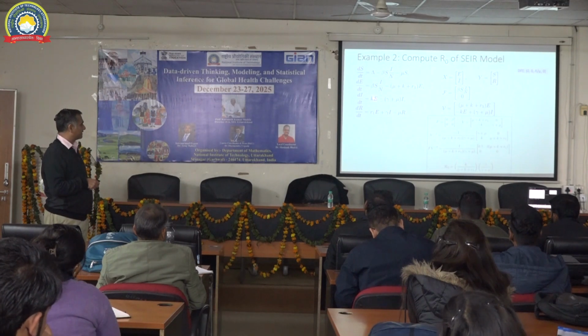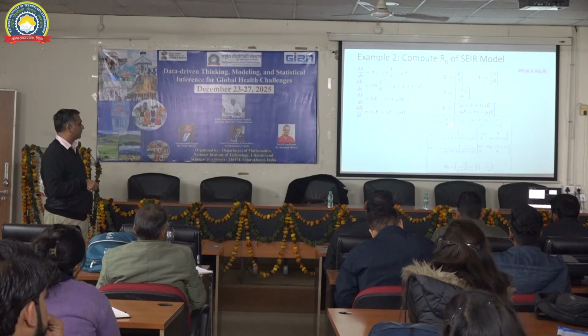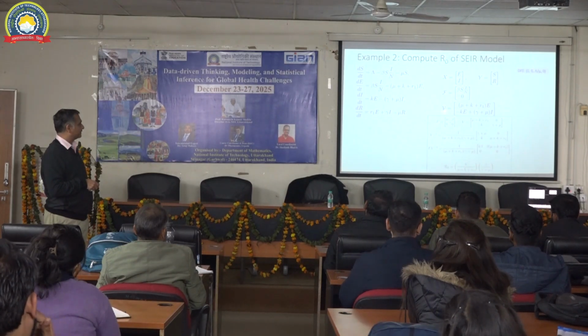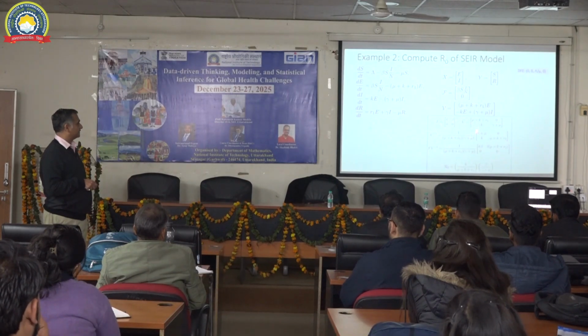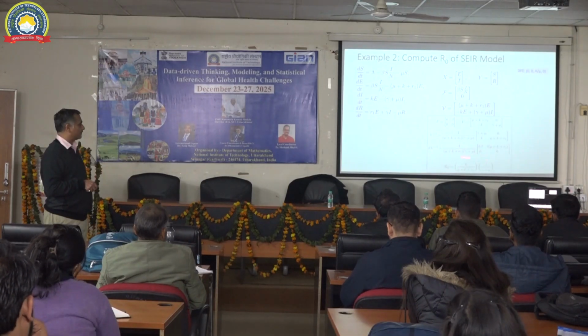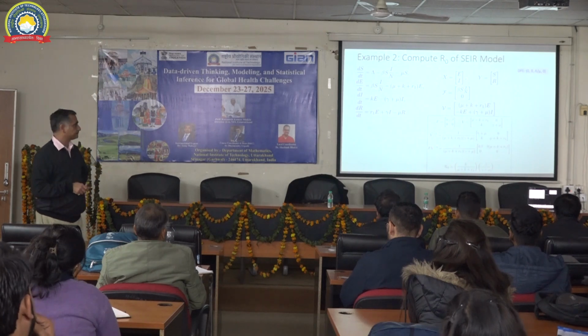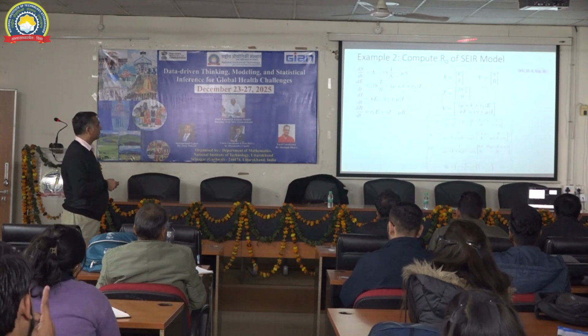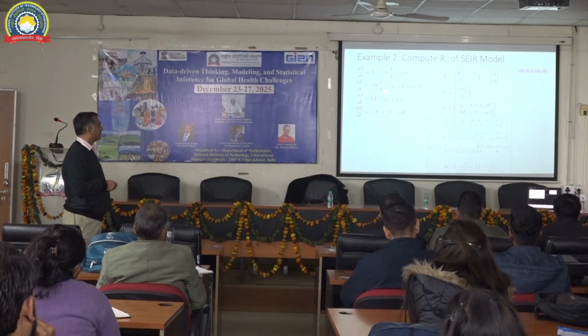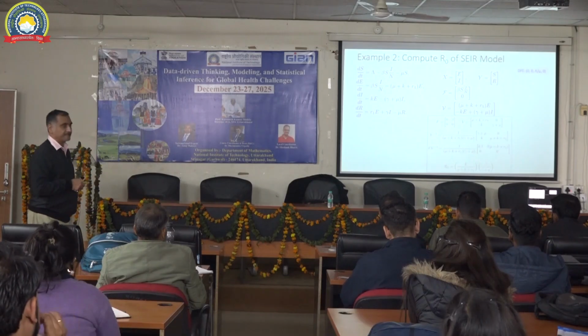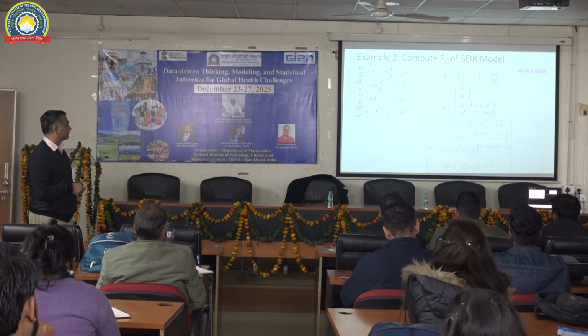It has exposed and infected compartments, and then you compute F from script F, and V from script V matrix, and then compute the V inverse and the F V inverse product, and the dominant eigenvalue of this is R naught. Okay, for this model, the disease-free equilibrium was this. How do you compute it? The way we showed, setting equal to 0 and finding the disease-free equilibrium.